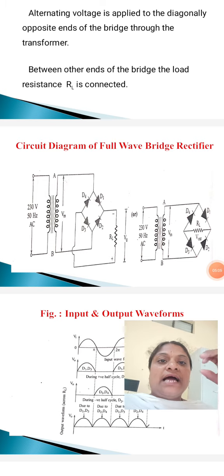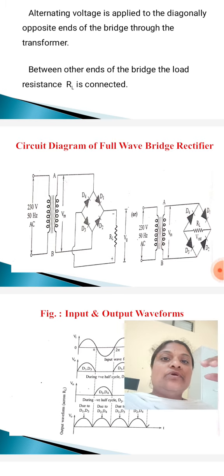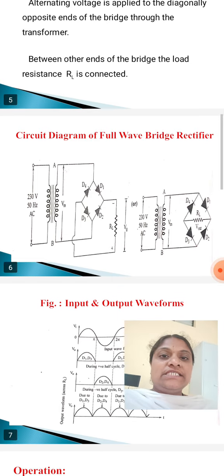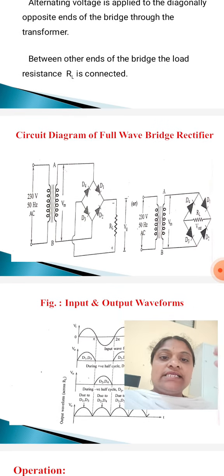Between the other ends of the bridge, the load resistance RL is connected. So this is the bridge shape. Alternating voltage is applied to the diagonally opposite ends of the bridge through the transformer, and between the other ends of the bridge the load resistance RL is connected.